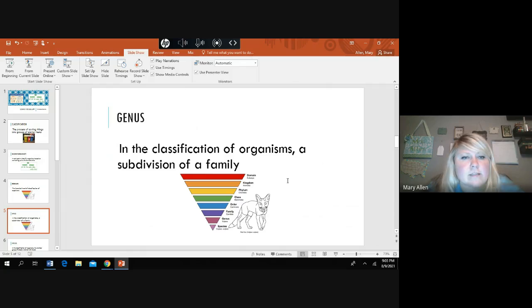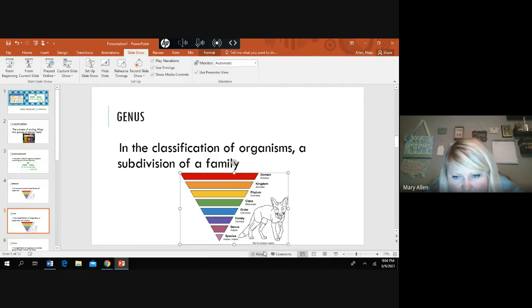So the domain is the very broad one again, and then the genus and species go together to talk about the name of an animal or a plant in its most scientific form. So like this one, for example, is called the red fox, and the scientific name is right here, Vulpes vulpes.